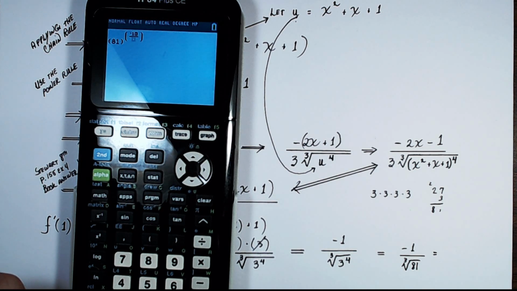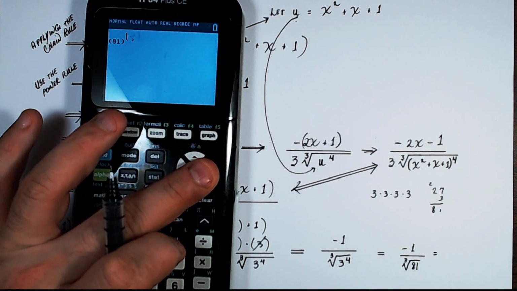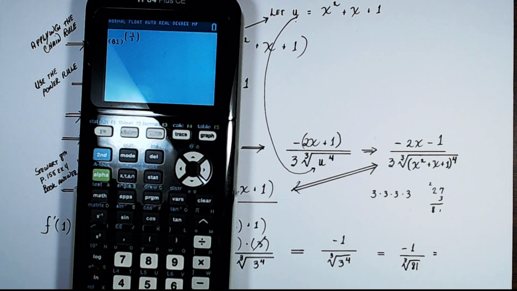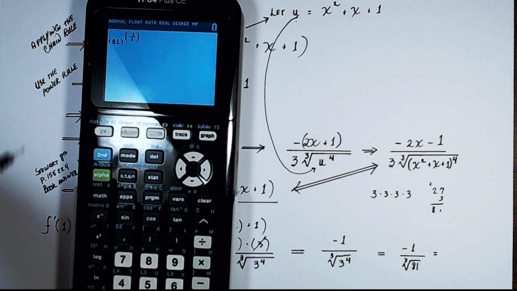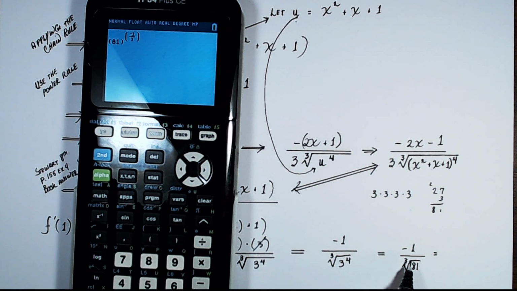-1, or sorry, -4. Nope, it's -1 because I've got 81 already. -1 over 3. That's what we're trying to find here. Do you see how this is equivalent to that denominator?